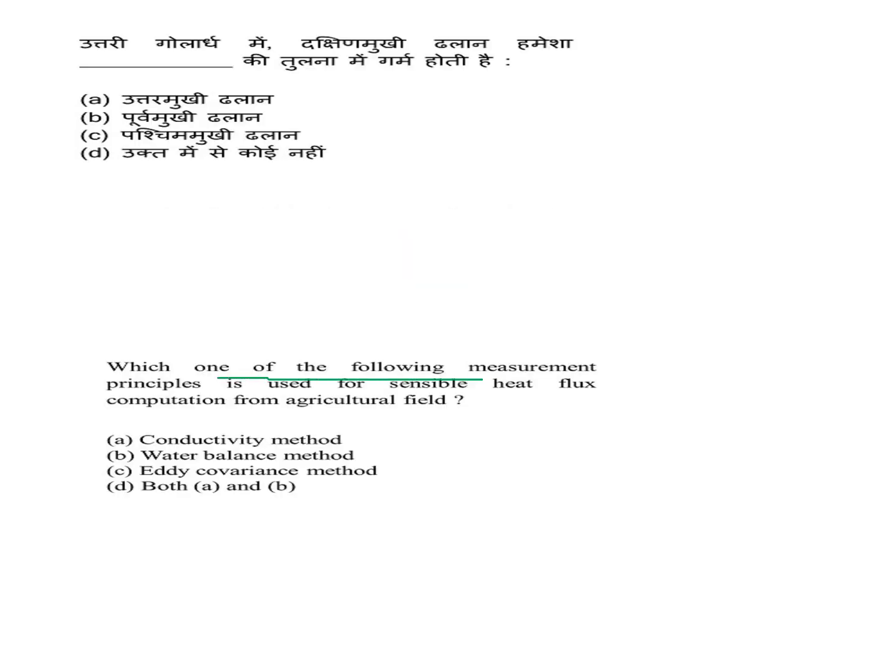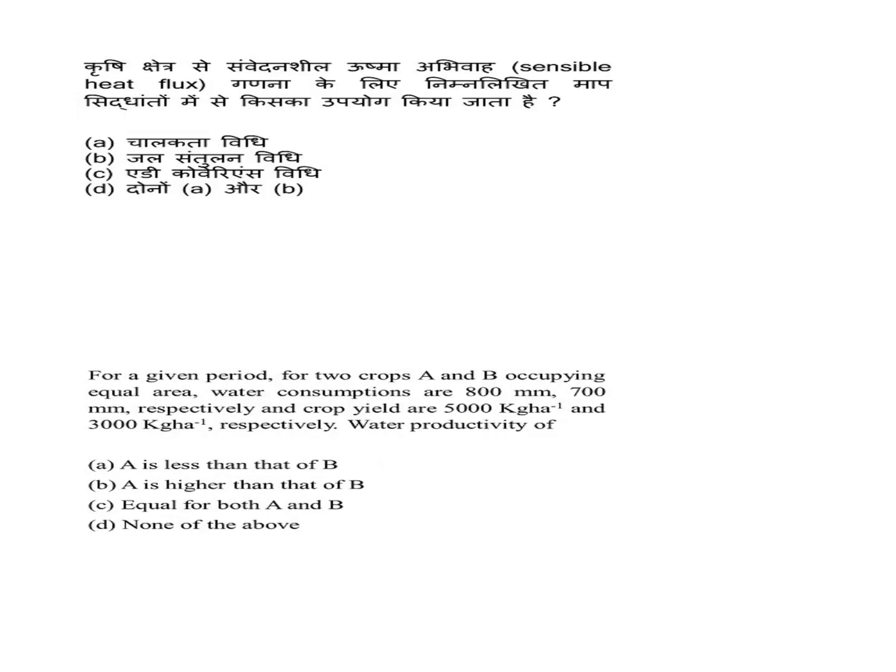Which of the following measurement principles is used for sensible heat flux computation from an agriculture field? The answer is the eddy covariance method. For a given period, two crops A and B have equal area, with water consumption of 800 mm for A and 700 mm for B. Yield of A is 5000 and B is 3000 kg per hectare. Calculate water productivity.